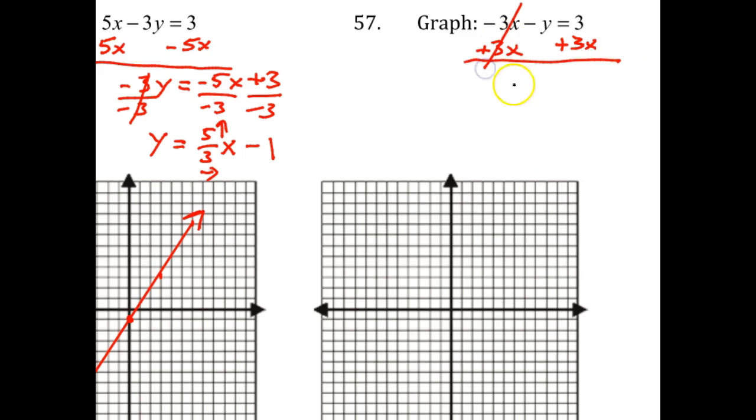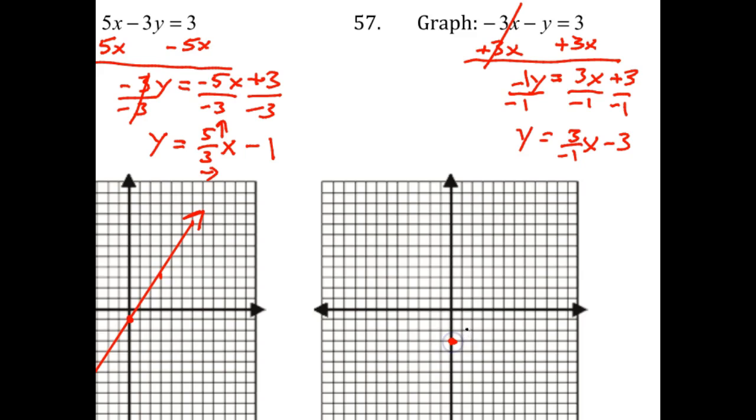Okay, so we'll have negative y equals 3x plus 3. And the negative y is the same as negative 1 y, so let's divide everything by negative 1. So we have y equals 3 over negative 1, x minus 3.